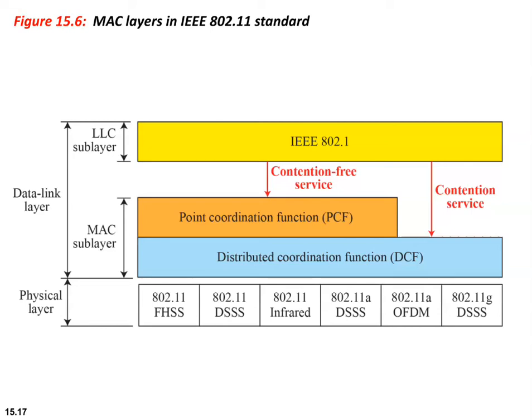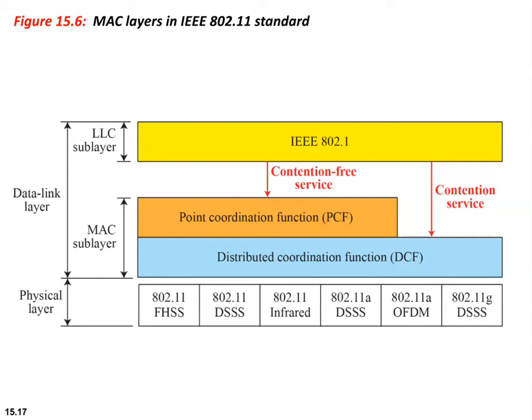Because of all these reasons which we have discussed in the last class, wireless LANs prefer CSMA/CA, that is, collision has to be avoided because it cannot be detected. So here this uses CSMA/CA as the access method.